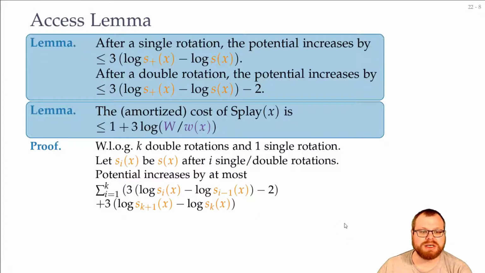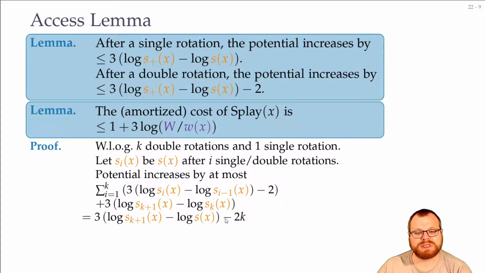That cancels out. The only ones that do not cancel out are the very first, that's once here, the S0, and the very last, the s_k plus 1, that is only once here positive. So we only need these two. So we get 3 times the log of the last minus the log of the first minus 2k. The 2k comes from here.